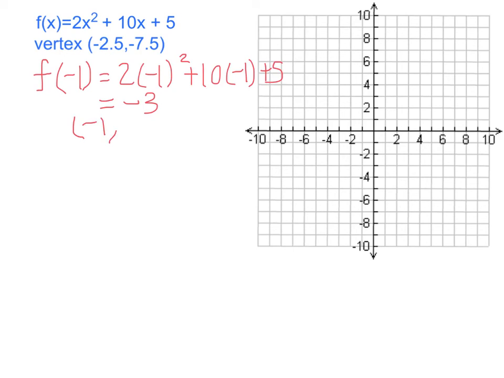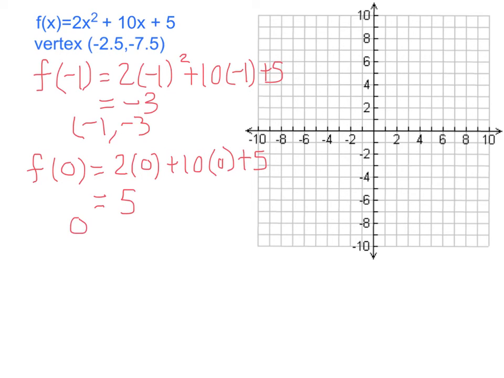My next point is going to be at -1, -3. And then I'm also going to plug in 0. You can plug in any points that you want. It doesn't necessarily have to be the two that are right next to your vertex. My other point is going to be at 0, comma 5.